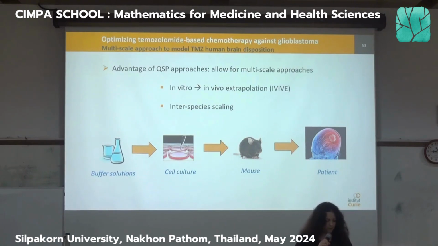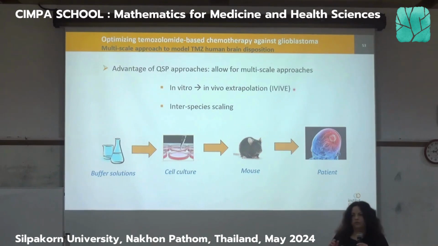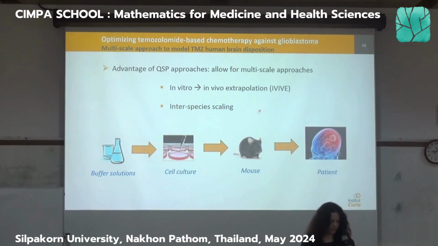Sometimes this is called IVIVE, if you want a keyword to search for on the net. Another challenge is to scale between different species, because you may have mathematical models in animals, usually the mouse, because it's the most studied animal.